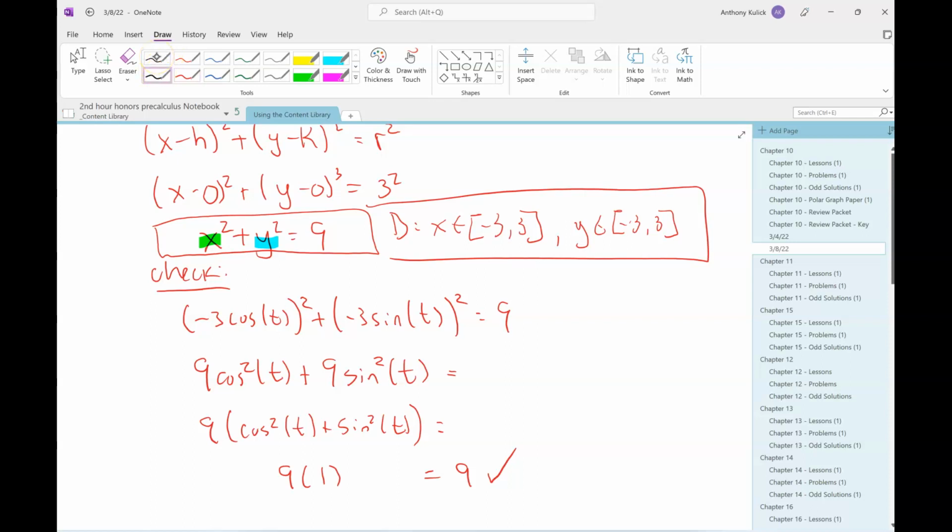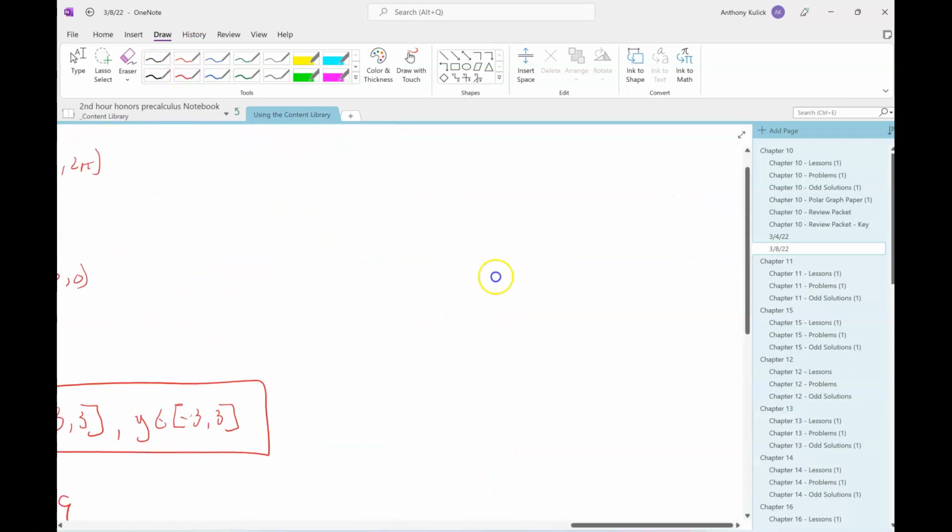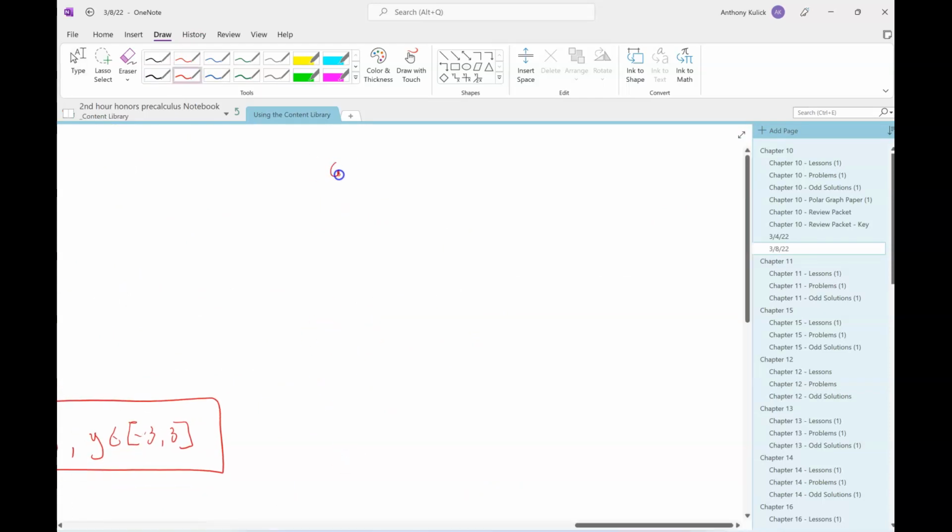Oh, well, I wouldn't even do this as a calculator problem per se. I would use my calculator, but you don't really even need to. Oh, I definitely don't need my calculator to do this.